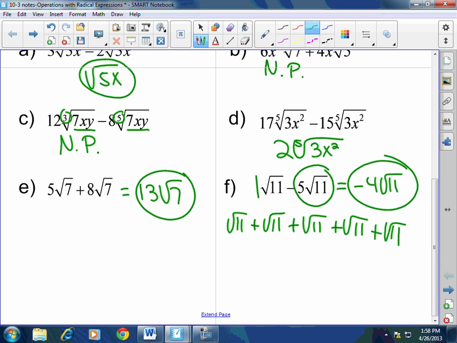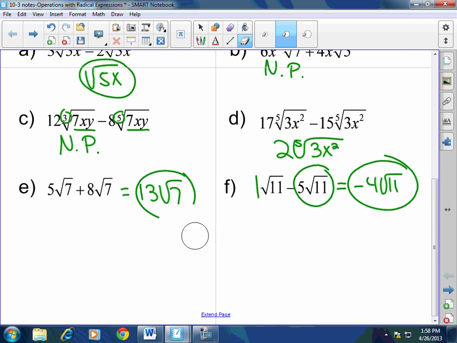That's 5 square roots of 11. That's why you're able to add 1 more square root of 11, for example, that'd be 6 square roots of 11. So when you're adding square roots, as long as they have the same radicand and the same index, you're really just dealing with the coefficients. And the coefficients are the number being multiplied in front of that radical. Does that make sense so far?